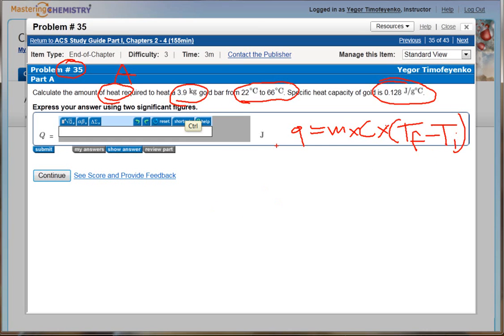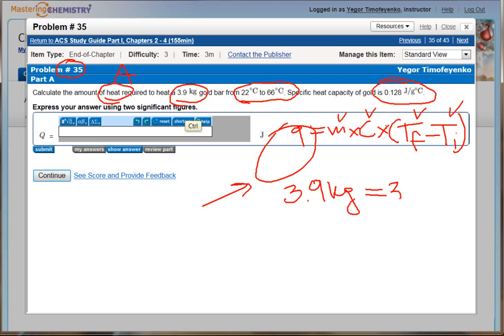So let's see what we got. We have our mass, we have our temperature change, we have our heat capacity. This is unknown. Moreover, we're given information in kilograms, so we need to convert it to grams. 3.9 kilograms, and we just substitute kilo for what it stands for, equals 3.9 times 10 to the positive third grams.